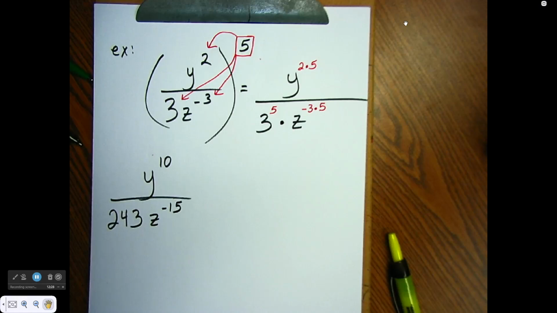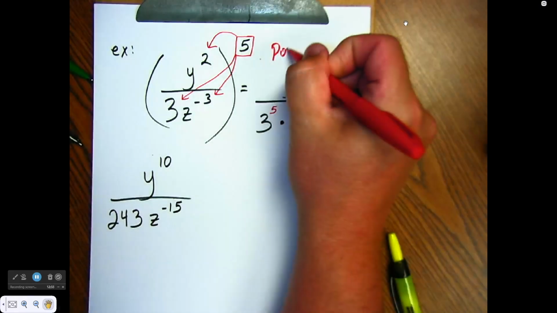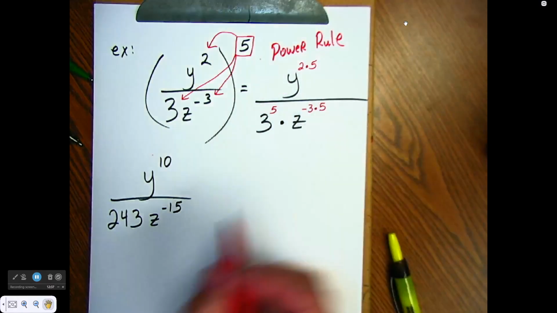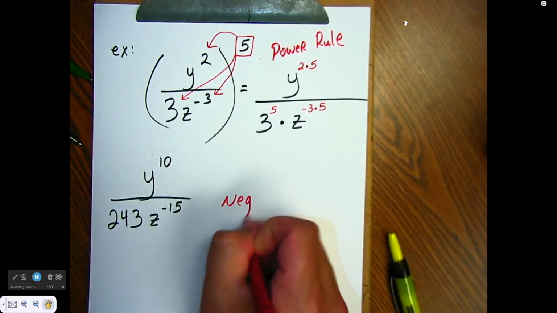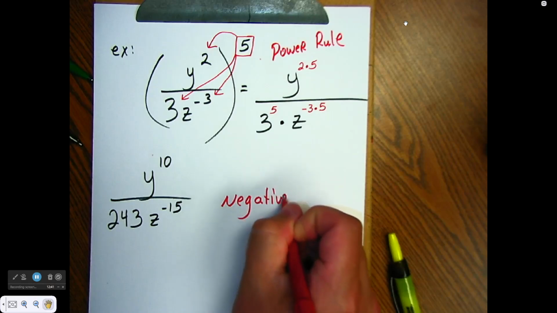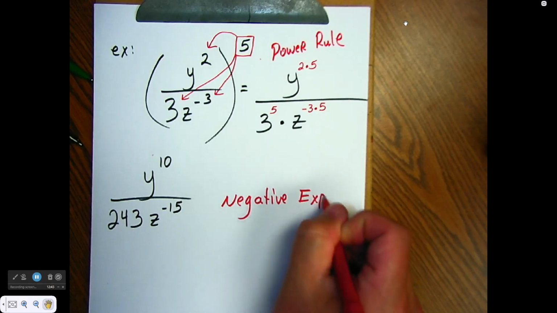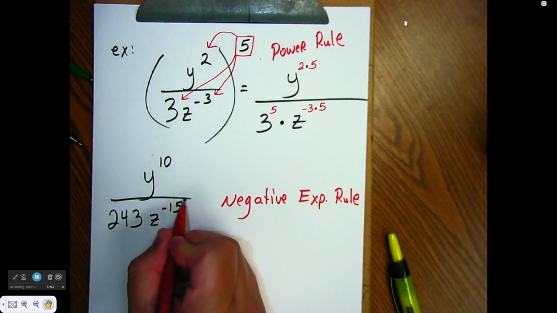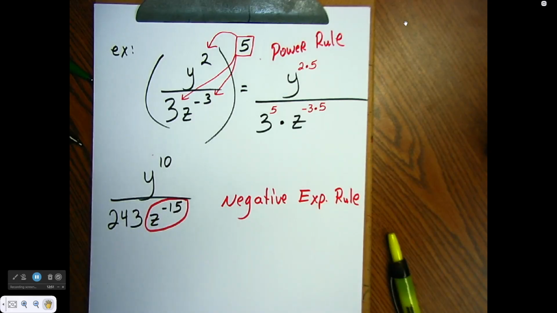So do you think we're finished? No, the first rule that I used was the power rule. Next, I'm going to have to use the negative exponent rule to deal with this character right here. Crossing the line changes the sign.